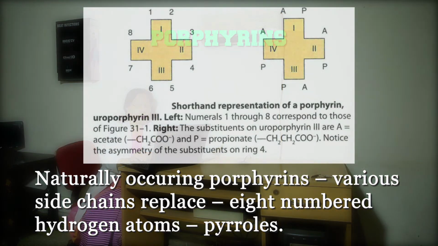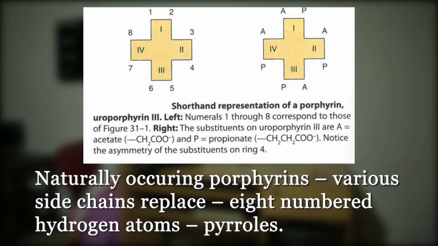This structure represents the shorthand representation of a porphyrin, uroporphyrin 3. On the left, numbers 1 through 8 correspond to those positions, and on the right are the substituents of uroporphyrin 3, where A indicates acetate, B indicates propionate, and we can see the asymmetry of the substituents on ring 4.